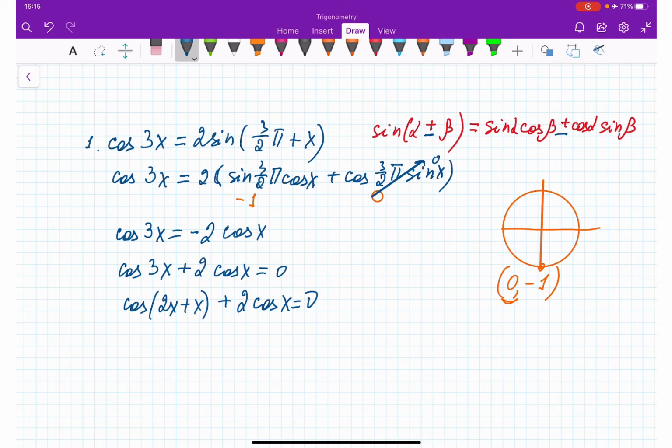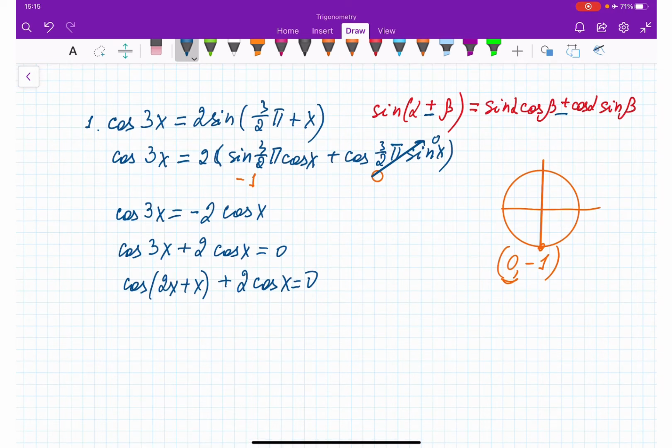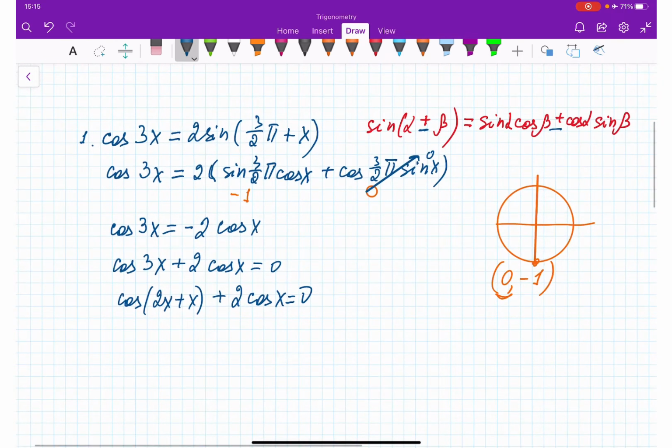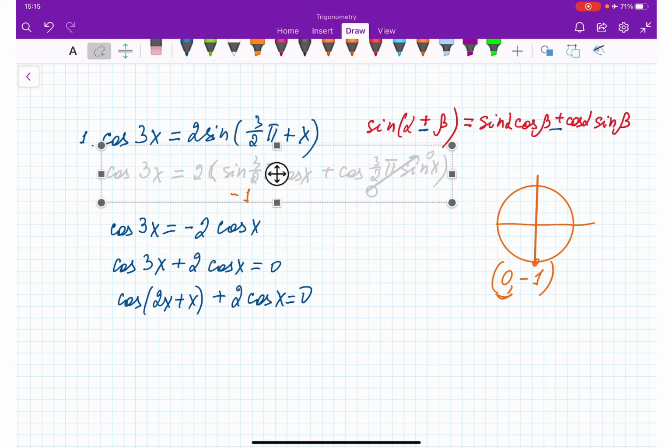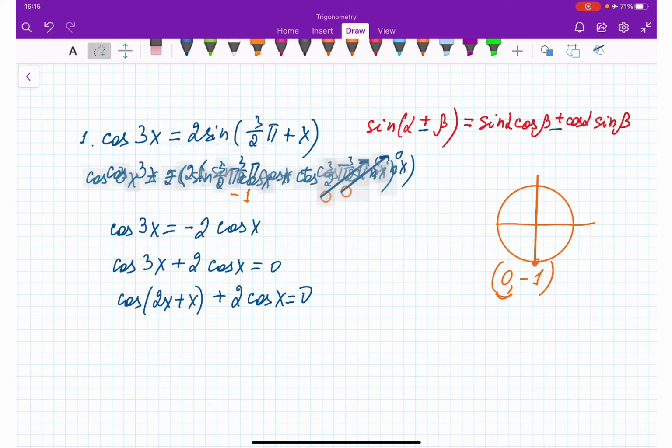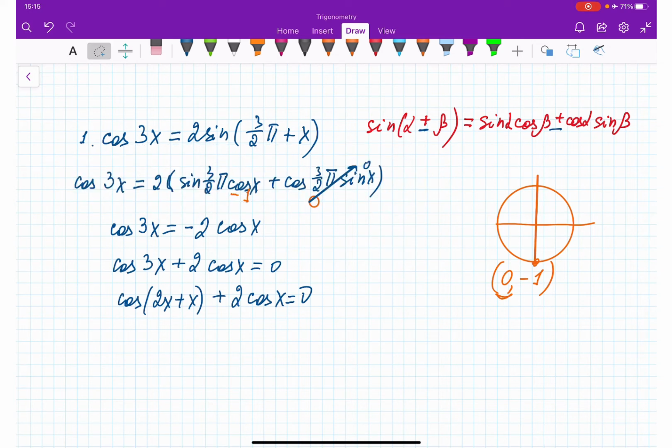So I have cosine of 2x plus x, which means I'm going to write down the formula for cosine alpha plus beta, because we have a sum of cosines, right?